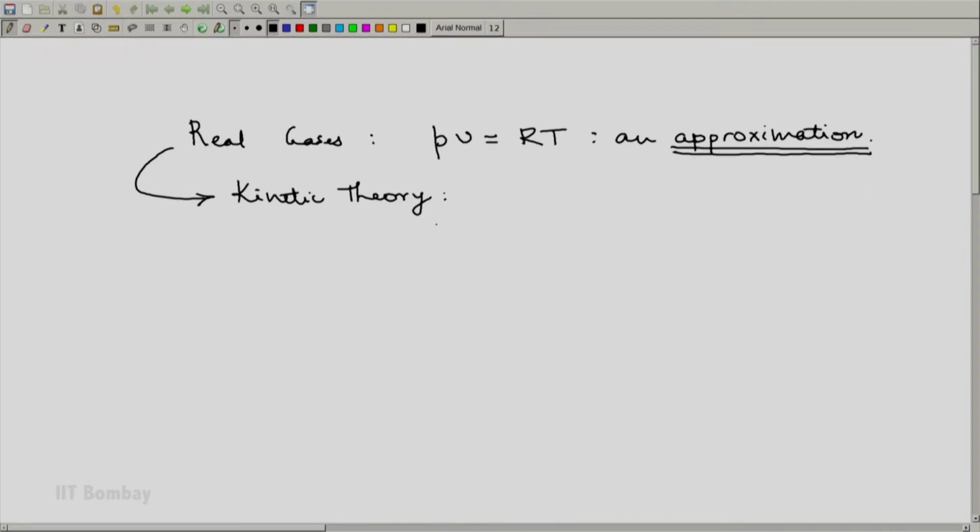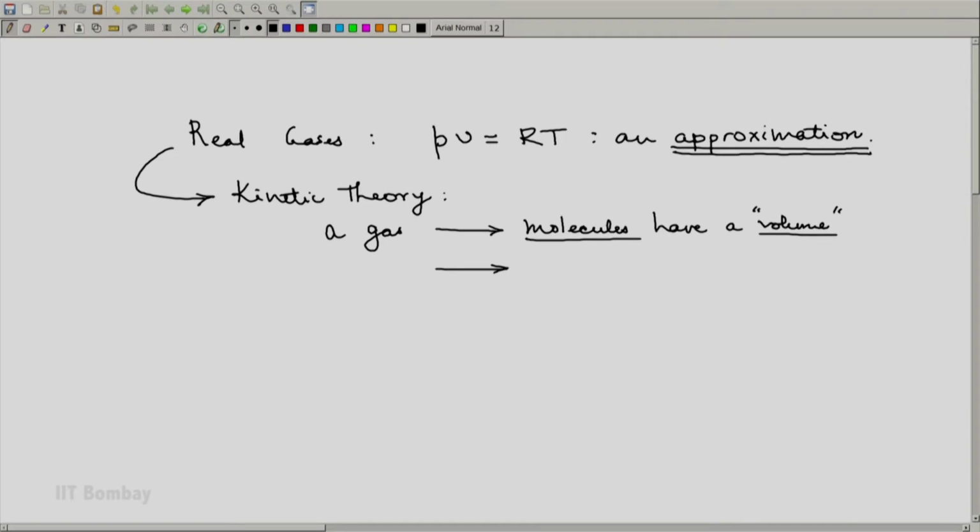we will appreciate that the kinetic theory says that a gas, which for kinetic theory is a collection of small molecules, a large number of them, has two primary effects which take us away from the ideal gas. Number one is molecules have a volume.